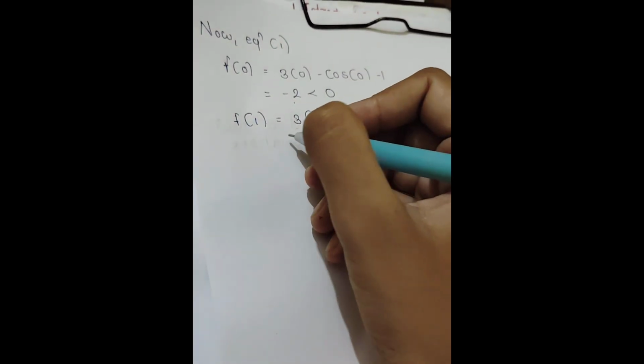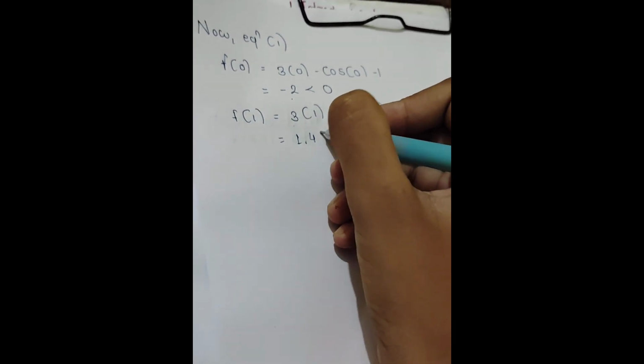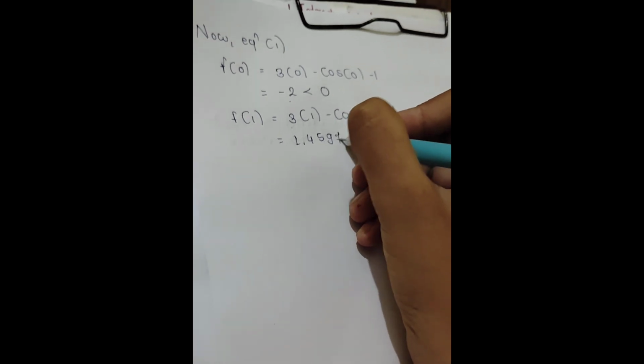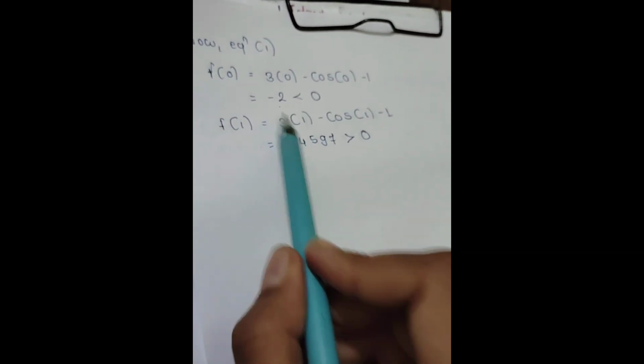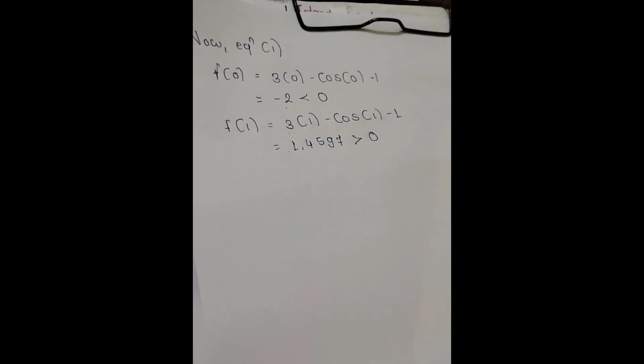When we solve on our calculator, we get the answer 1.4597, which is greater than 0. So now we get a minus and a plus sign.